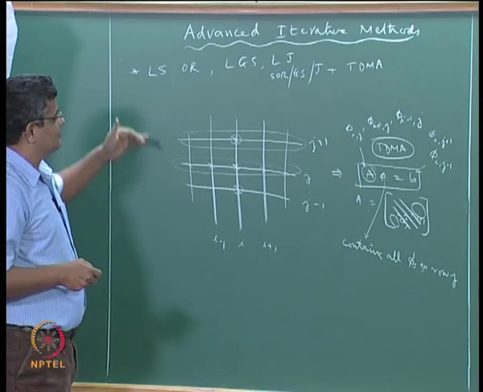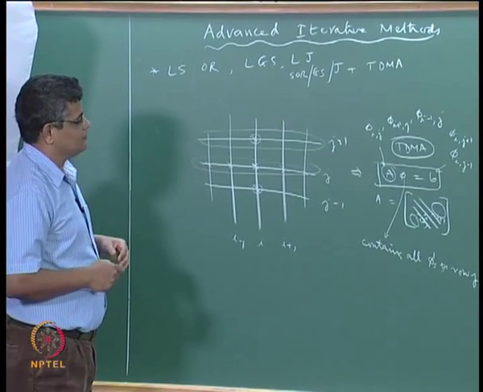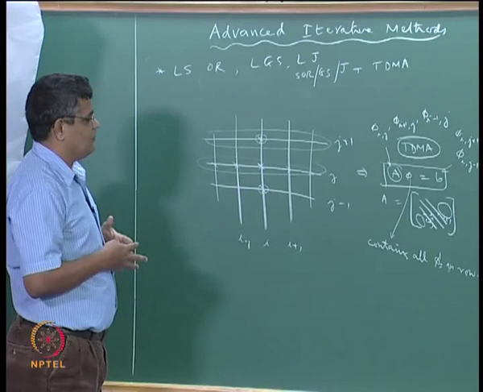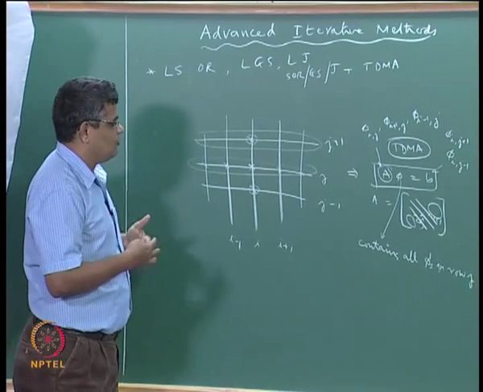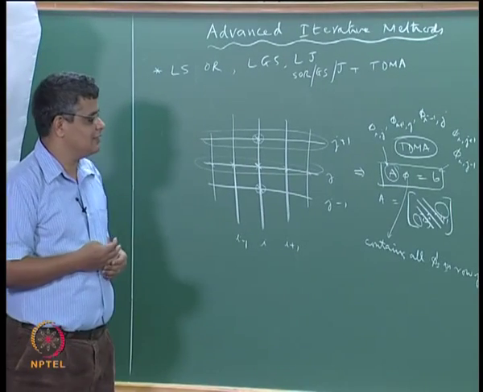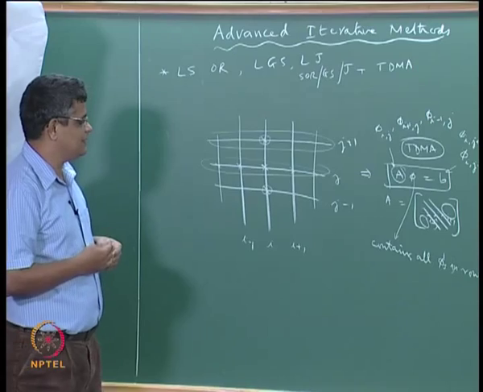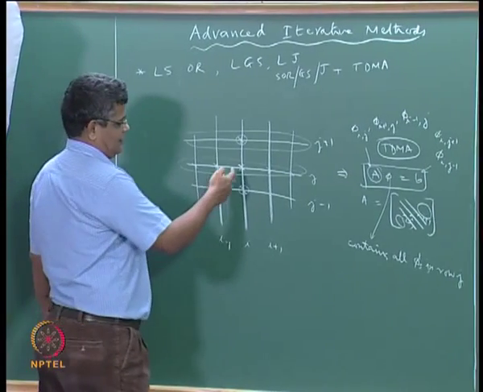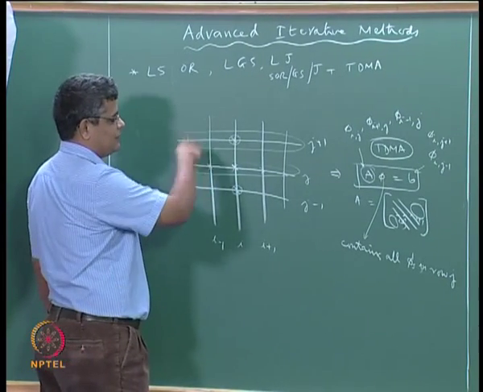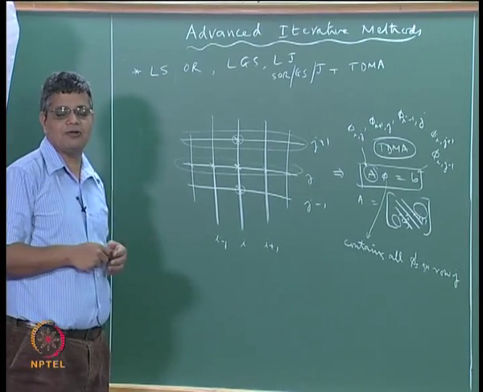So this particular method is widely applicable. How good it is compared to the standard Gauss-Seidel method and all, it will definitely have some advantage, because in a typical Laplace type of equation it is a boundary value type of problem.